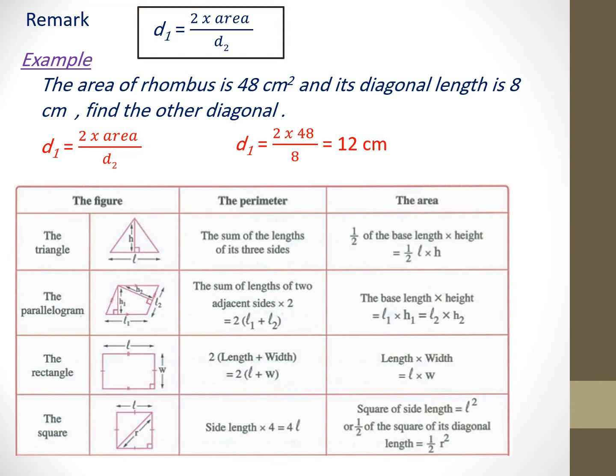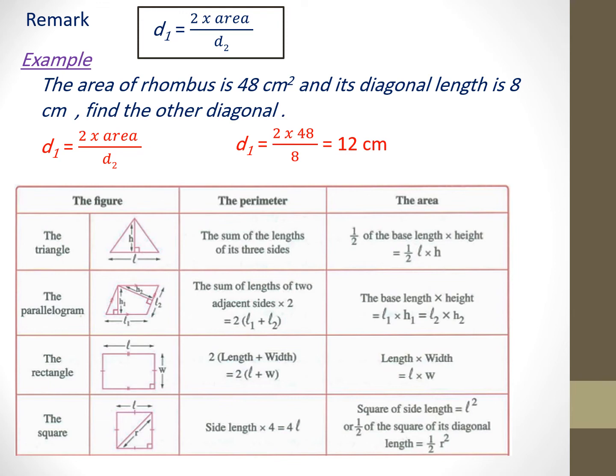The second figure, the parallelogram. The perimeter of a parallelogram, like the perimeter of a rectangle, is length plus width times 2, L1 plus L2 times 2. But the area of a parallelogram is the length of the base times height.